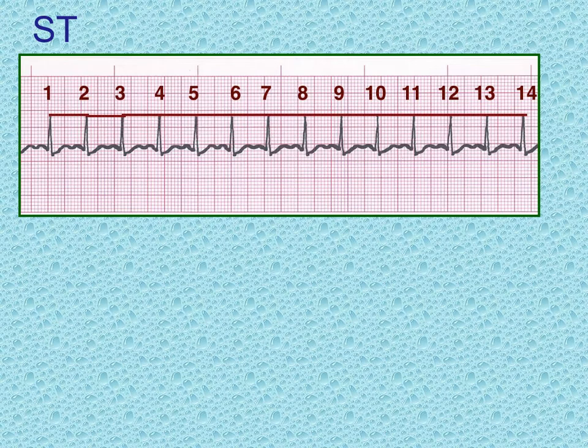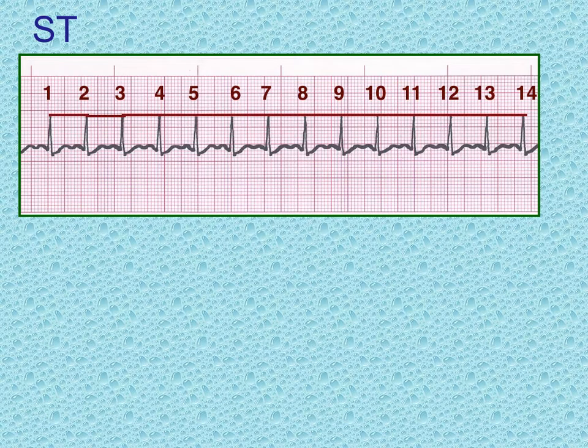So we did our first R, which was rate, and we can see that it's greater than 100, which makes it a tachycardia by definition. We can see that it's regular, which is our second R, standing for rhythm. Is it regular or irregular? And we can see that this is indeed regular.